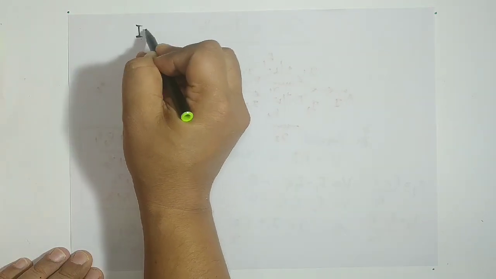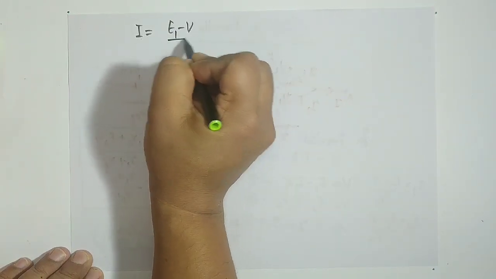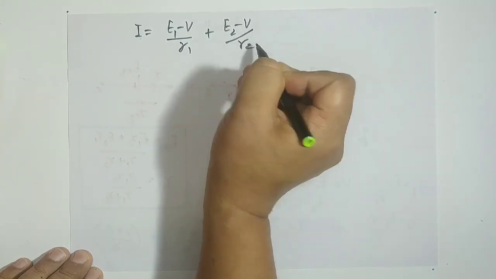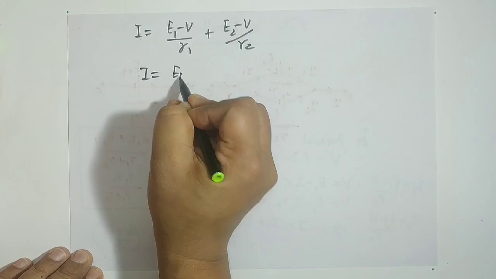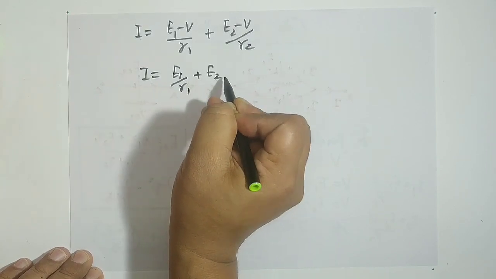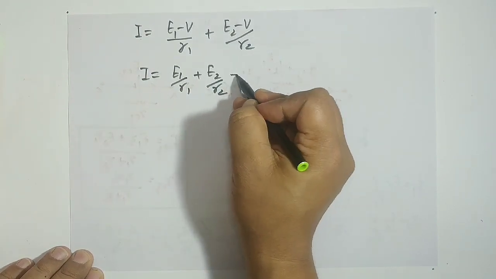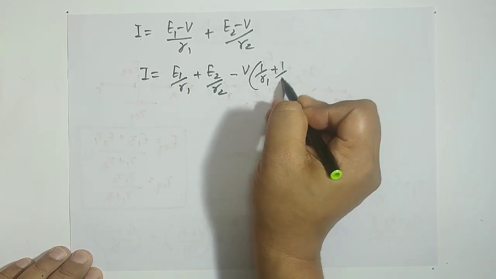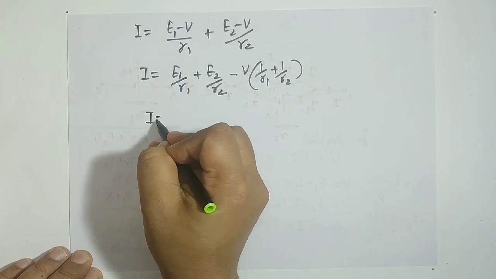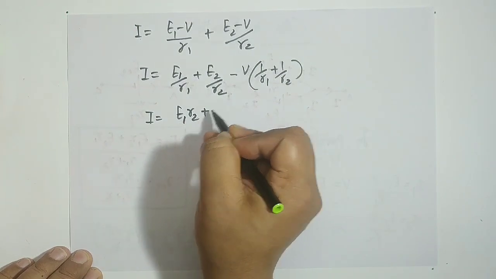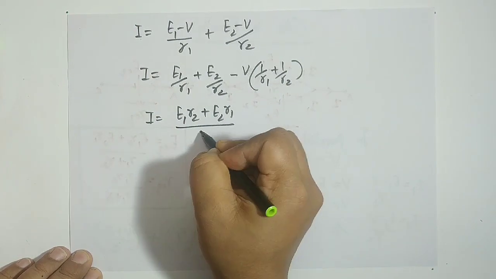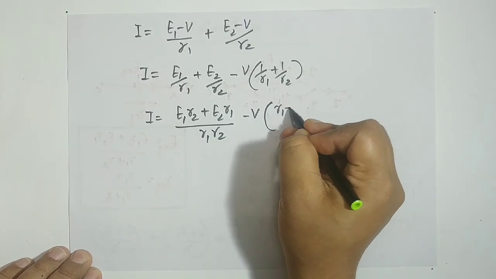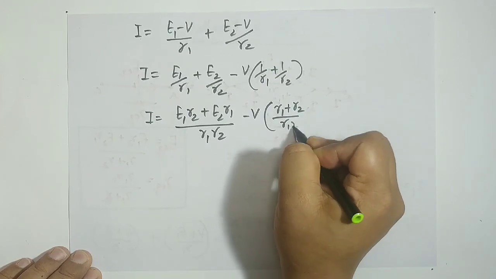So I is E1 minus V by R1 plus E2 minus V by R2. Then we can write E1 by R1 plus E2 by R2 minus V, and in bracket R1 plus R2 upon R1 R2.